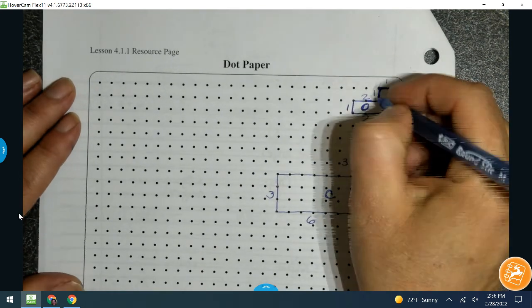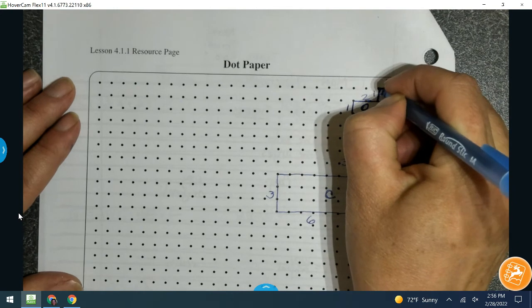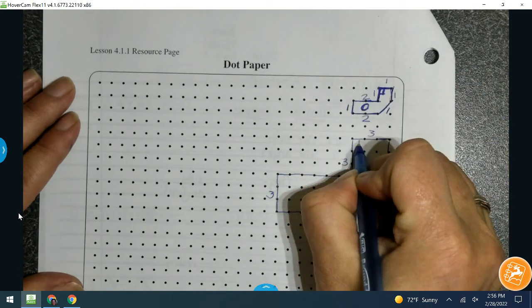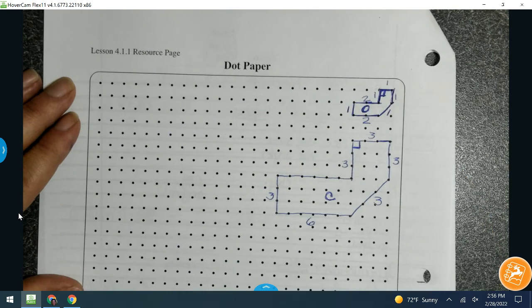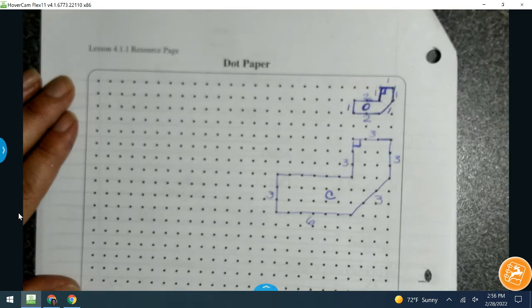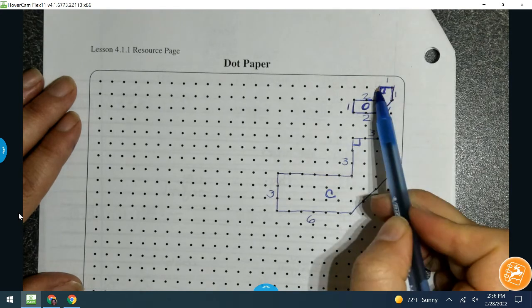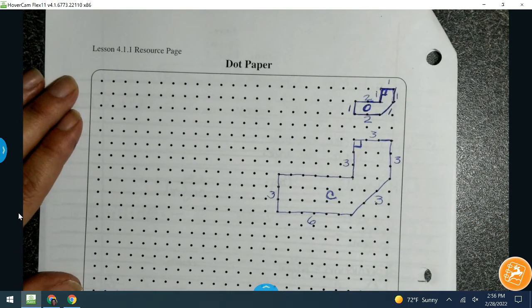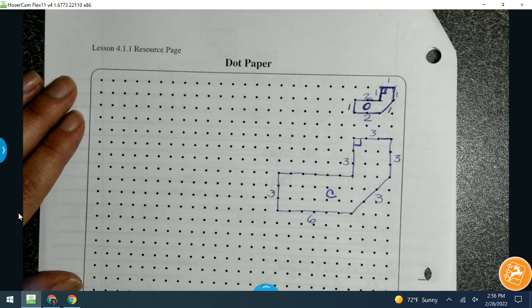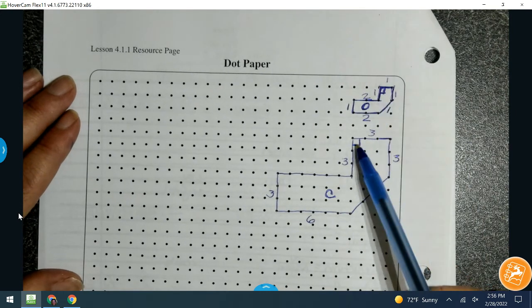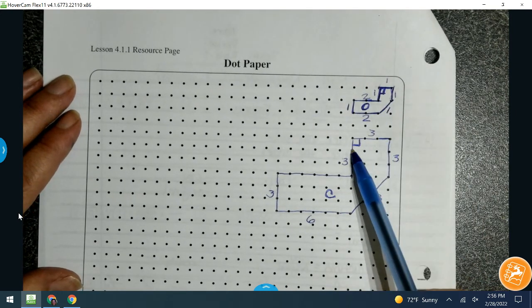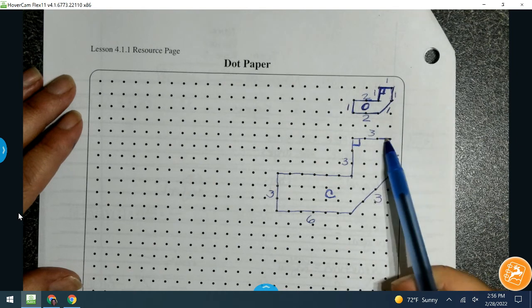So if I look at this angle right here, and I have this angle right here, what can you tell me about those? So when I see both of these, granted my handwriting's not awesome today, I've been writing a lot, I see 2 90-degree angles or 2 right angles right here. What about right here?